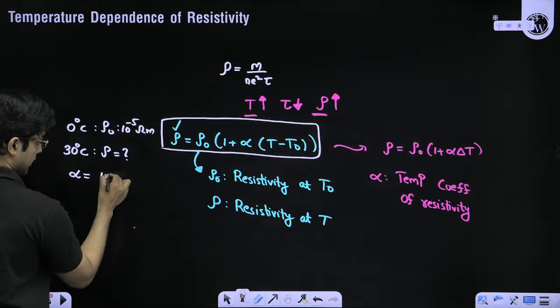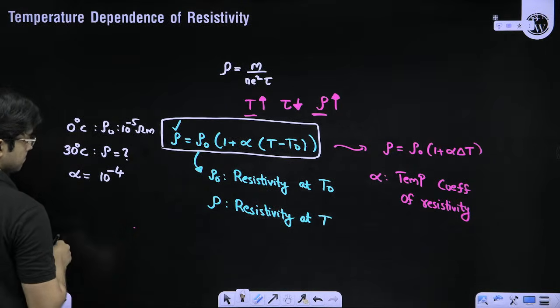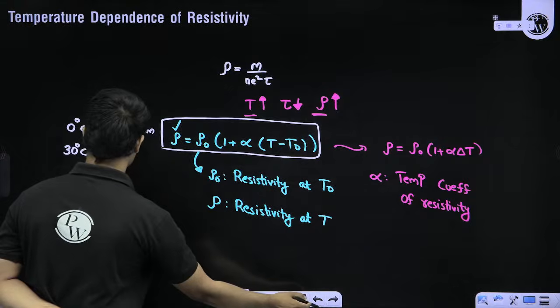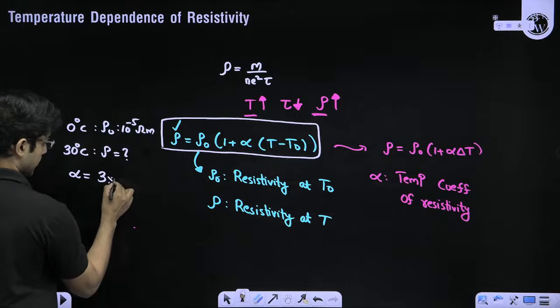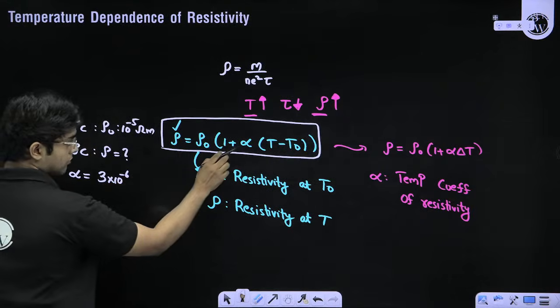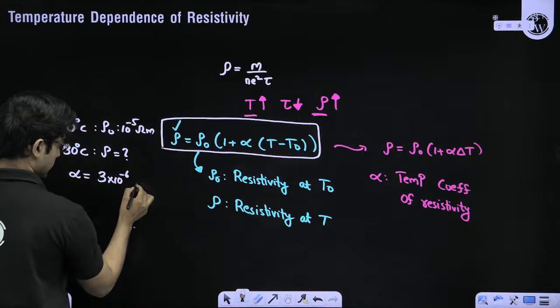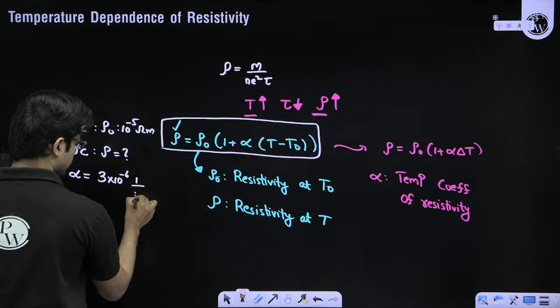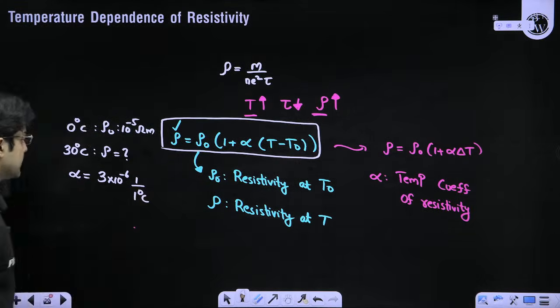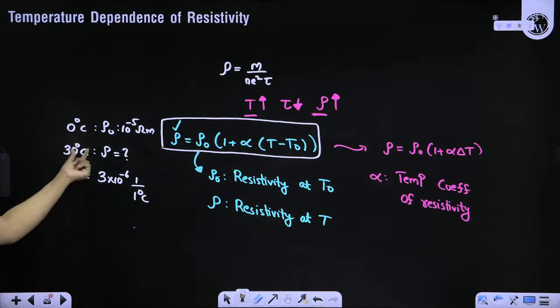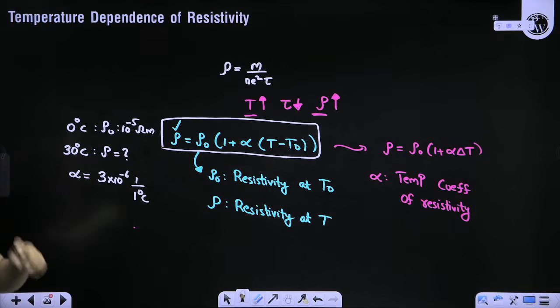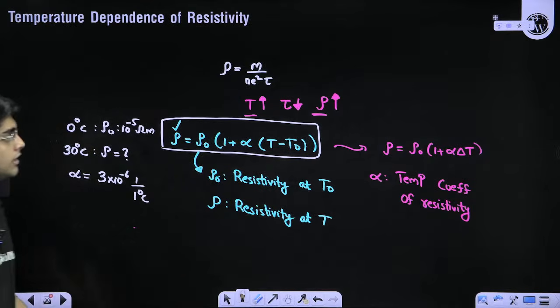Alpha is, let's say, 3 into 10 raised to minus 6. So alpha's dimension is 1 by temperature. Something like this. Then you can just substitute. Rho naught and T naught are known, T is known and alpha is known. So you can substitute and get the answer. Okay. Then what else is there?